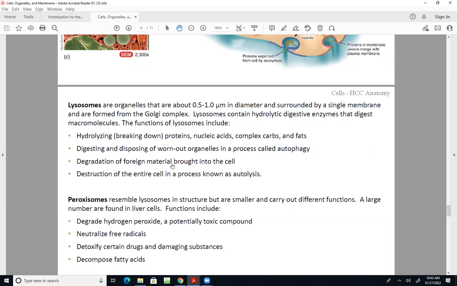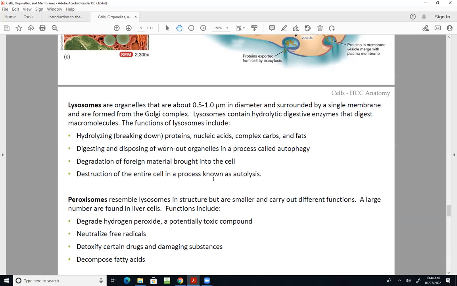They can degrade foreign material brought into the cell. This is what our white blood cells, our immune system cells, do. I always tell students, think of those like Pac-Man, they gobble stuff up. Once those viruses and bacteria are gobbled up, then the lysosomes digest and kill the bacteria or the virus. Lysosomes can actually destroy the entire cell.